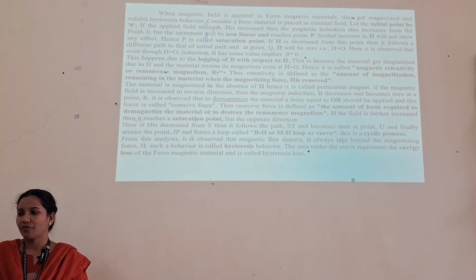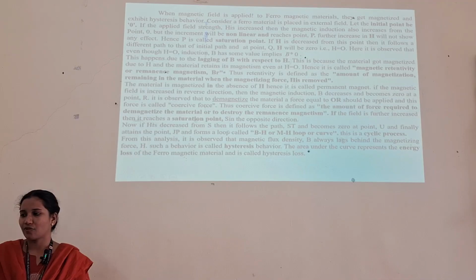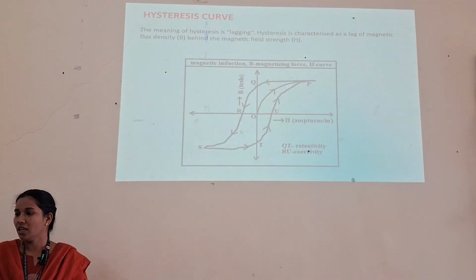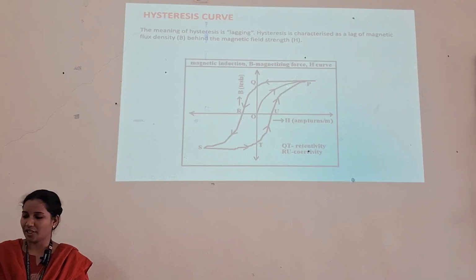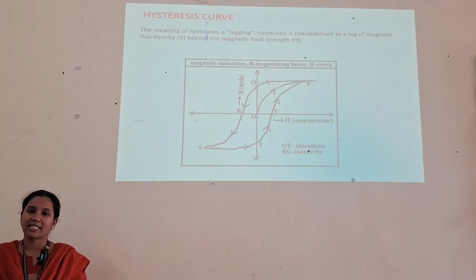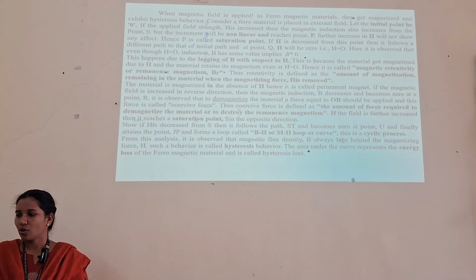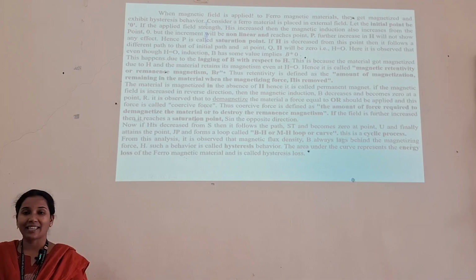Now if H is decreased further, from R to S, it follows this path. Again it goes from S to T and U and then P. That is how the hysteresis curve is formed when the graph is plotted against H and B. So this is a cyclic process.